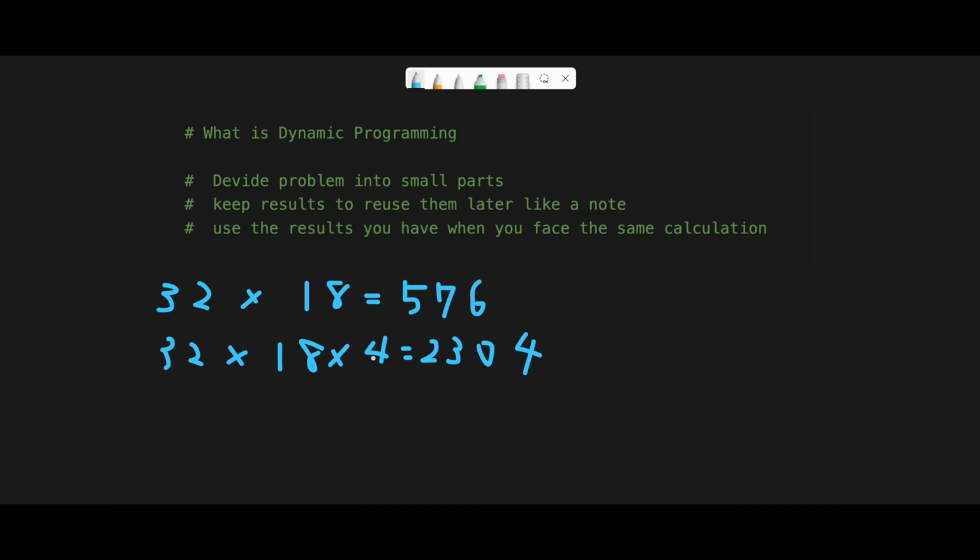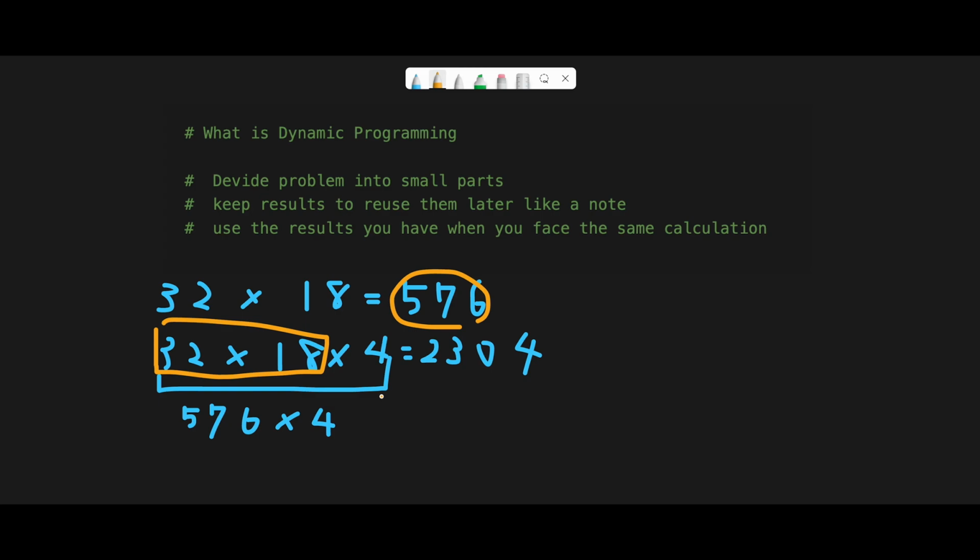So naturally, we calculate 576 multiply 4, right? Because the calculation of 576 multiply 4 is easier than 32 multiply 18 multiply 4. And it's time saving because we already calculated this part. So we can naturally calculate a math question with a previous result.